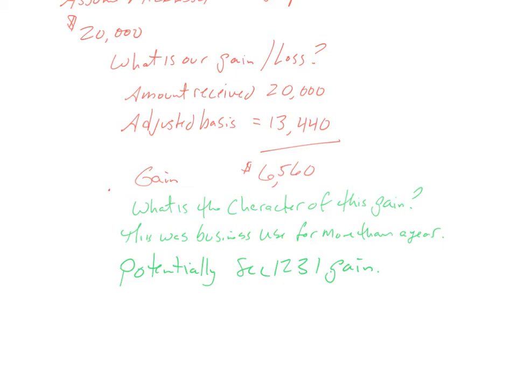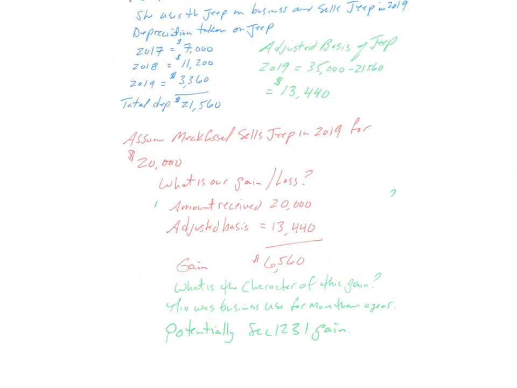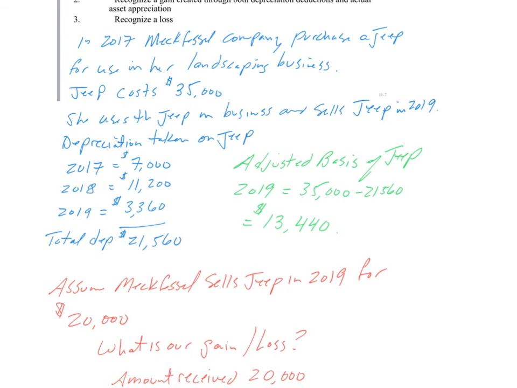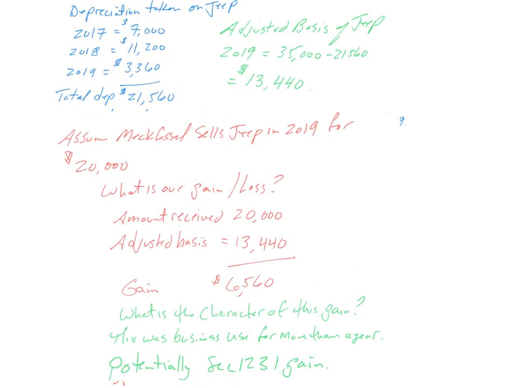gain come from? All right, so let's take 1 minute and we're going to pull back everything and look at our beginning facts. Our Jeep originally cost $35,000 and we sold it later for $20,000. All right? So we sold it for less than we bought it for.